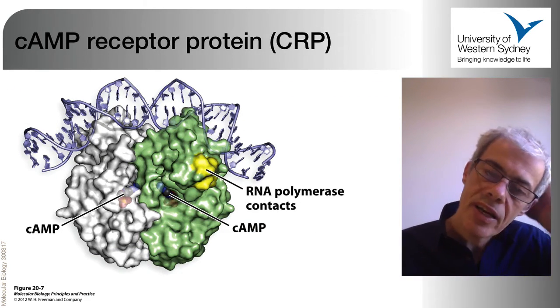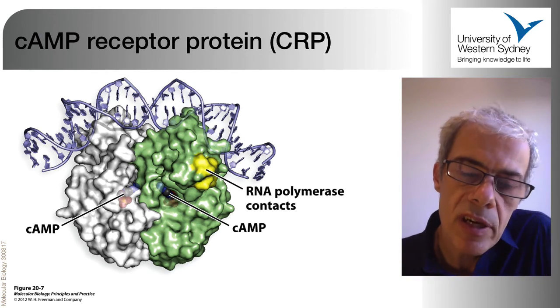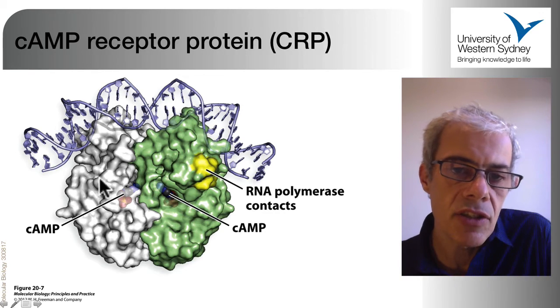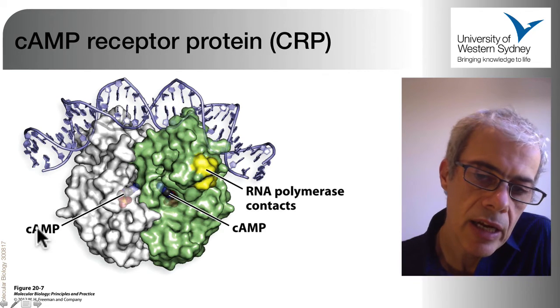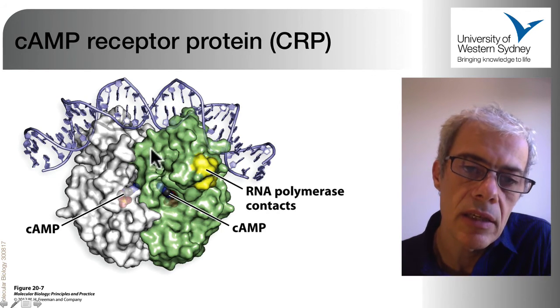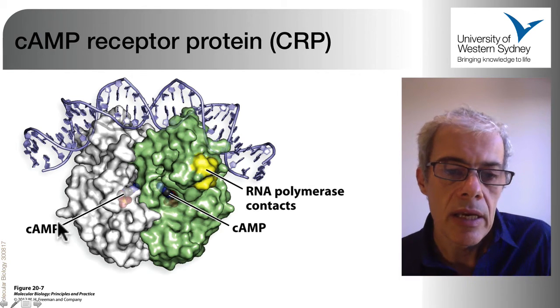So this is just showing the structure of the cyclic AMP receptor protein. Again, it's showing very clearly that it's a DNA binding protein, operating as a dimer, binding to these inverted repeats.